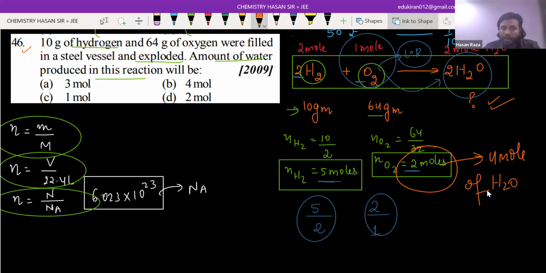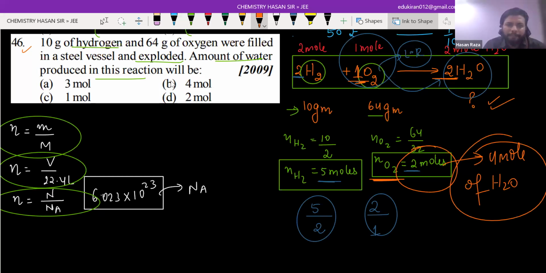And if you got the limiting reagent, what you need to do? Just see the balanced chemical equation. How many moles of the limiting reagent give you how many moles of product? So you can see 1 mole of O2 will give 2 moles of H2O. So how many moles of O2 do we have actually? 2 moles. So 1 is giving 2, so 2 will give 4 moles of H2O and hence the answer will be B.